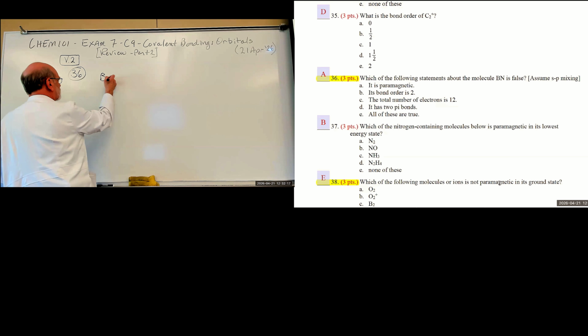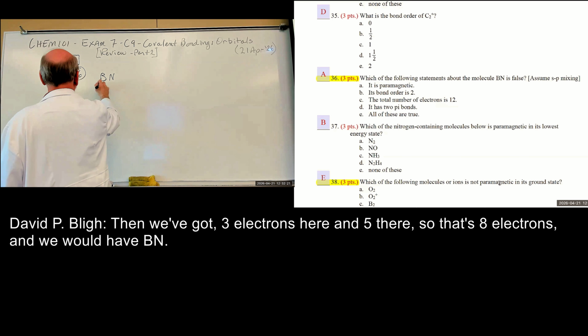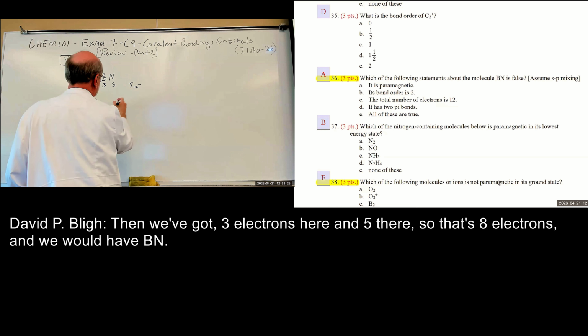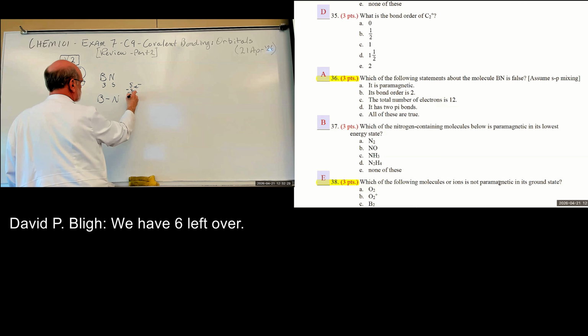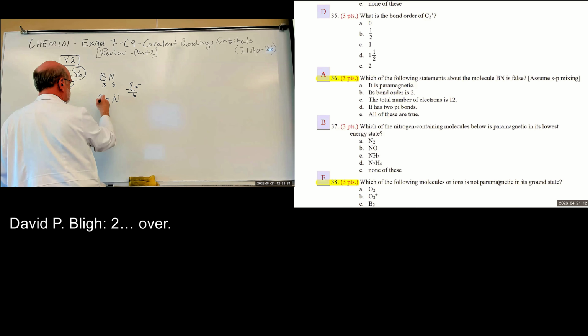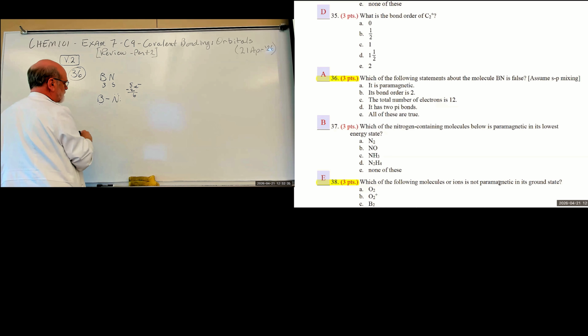If we have BN, then we've got 3 electrons here and 5 there, so that's 8 electrons. We have 6 left over. 2, 4, 6.